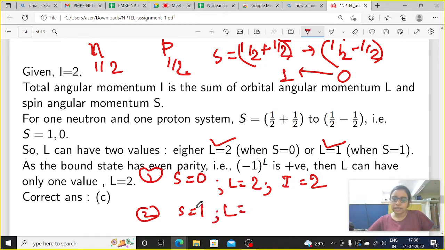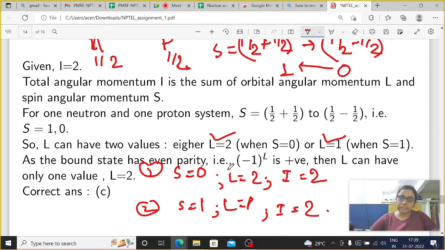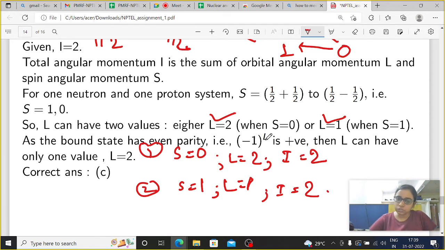If S equals 1, then L equals 1 will also give I equals 2. So as the bound state has even parity, and L can have 0, 2, 4, something like that, L equals 1 is forbidden in our system.